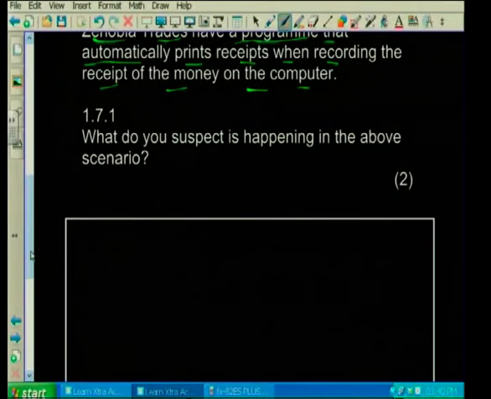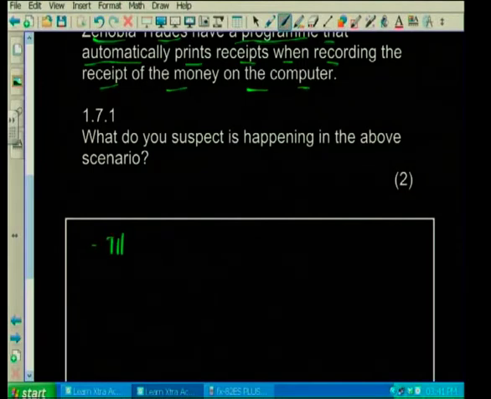What do you suspect is happening in the above scenario? Clearly evident to you. You have a computer program whereby when you receive money, you capture the information and it prints out a computer receipt for your debtors. This means now that certainly there is a problem. What's happening?